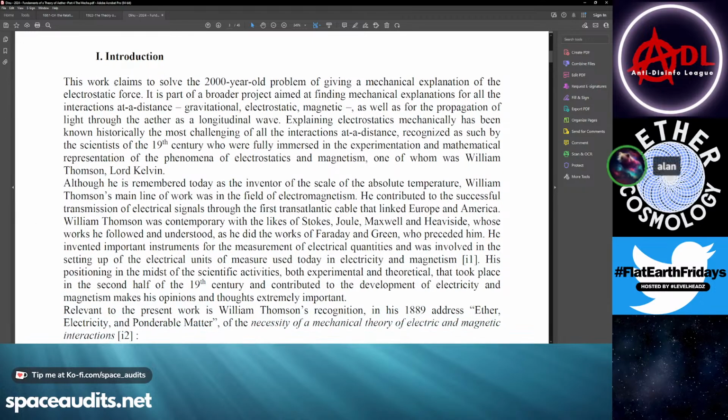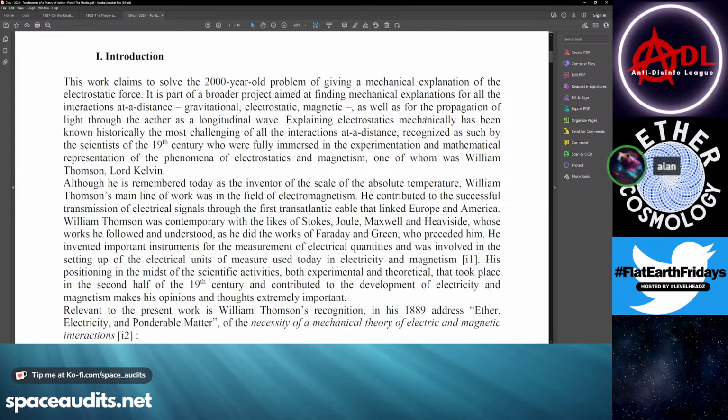This work claims to solve the 2,000-year-old problem of giving a mechanical explanation of the electrostatic force. It is part of a broader project aimed at finding the mechanical explanation for all interactions at a distance, gravitational, electrostatic, magnetic, as well as the propagation of light through the ether as a longitudinal wave.